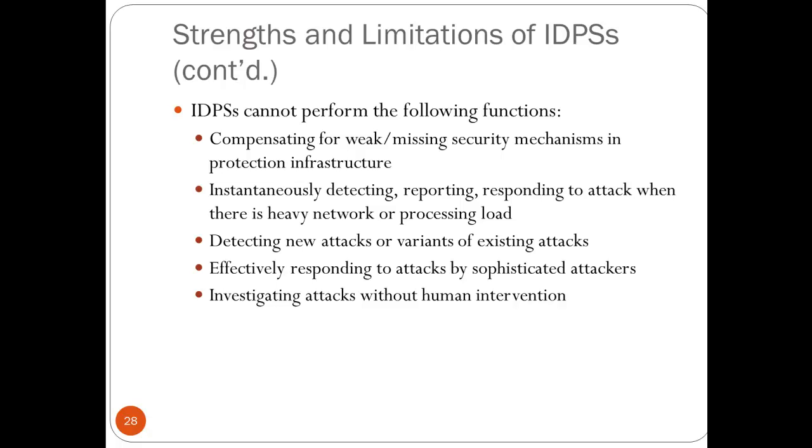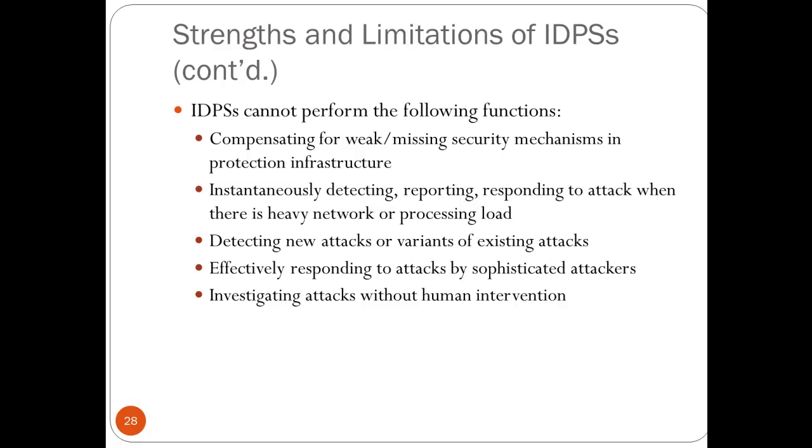Some of the weaknesses, what they cannot do, is they cannot compensate for weak or missing security mechanisms. They cannot instantaneously detect and report when network traffic is heavy. Remember, some of these network-based intrusion detection systems do not respond well when they're being overwhelmed by traffic. They have a hard time detecting new attacks and variants of existing attacks, that zero-day issue.